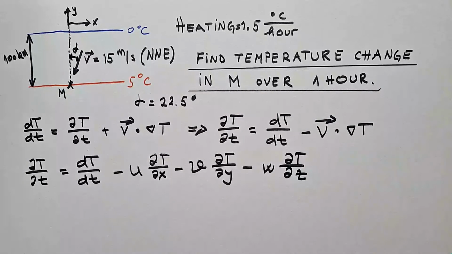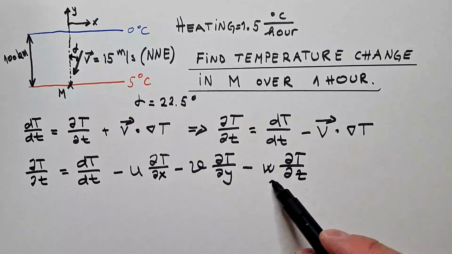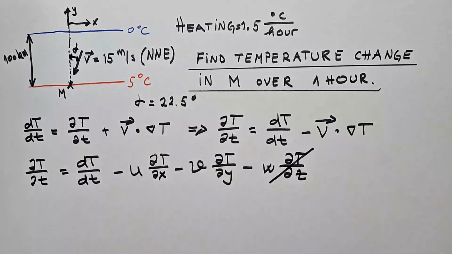Now we are not given w, there is no vertical component of wind, so this term disappears. In addition, please notice that ∂T/∂x is 0.